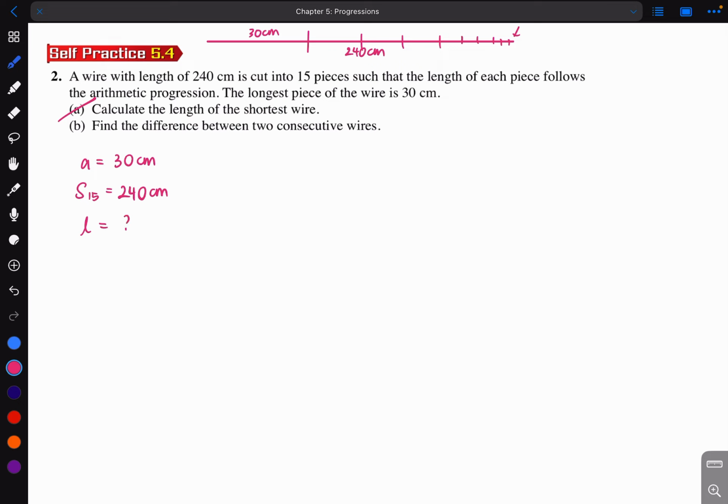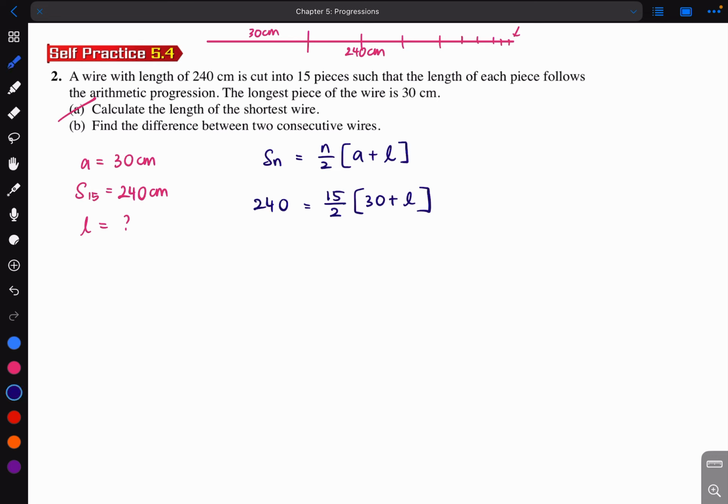So here we can use the formula Sn equals n over 2 (a plus l). So S15 is 15 over 2 (a plus l). And we know S15 is 240, so we can sub this with 240.